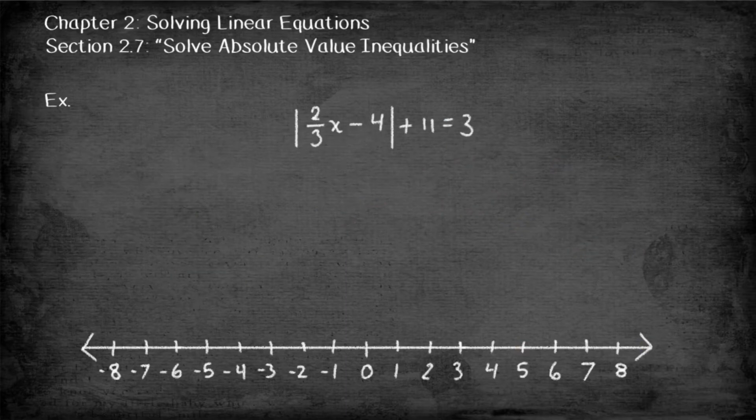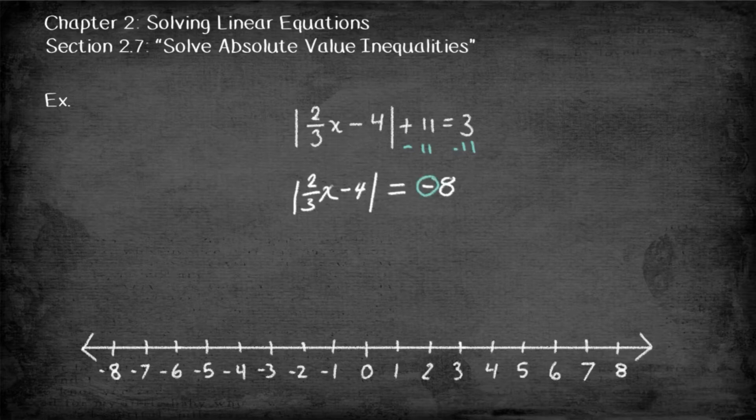Next up, we come out swinging by subtracting 11 from both sides. Which brings us to the absolute value of 2/3 x minus 4 equals negative 8.